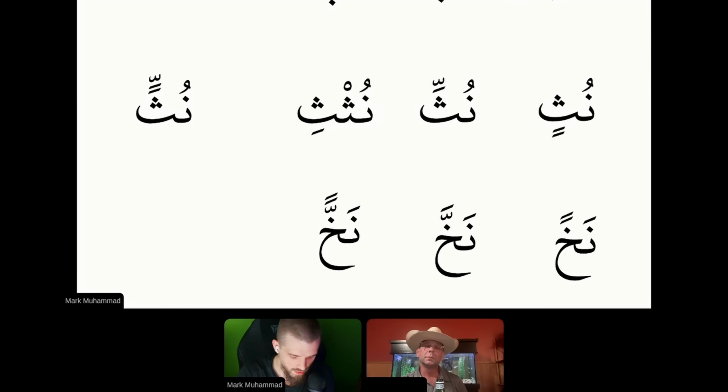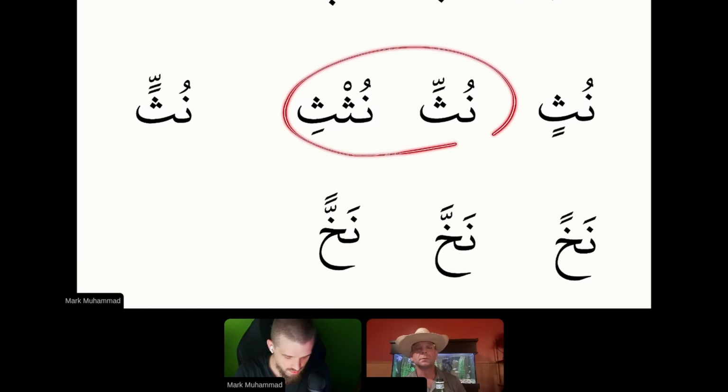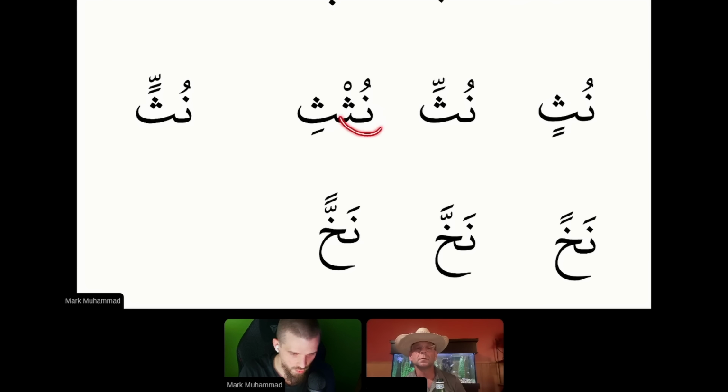The way it's normally written in the Quran, I think it would be written like this, so it wouldn't be as confusing as whether it's right here or right there. Basically, this is pretty much the same thing. It's just that this is nuthi, and this is nuthi.